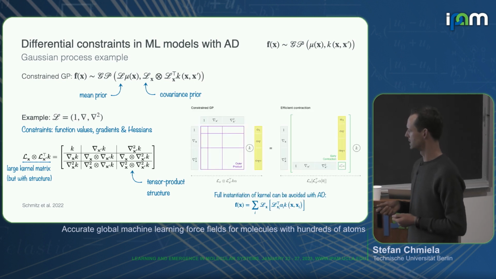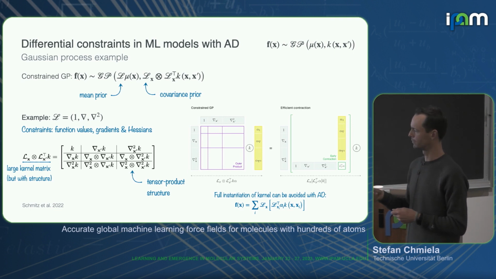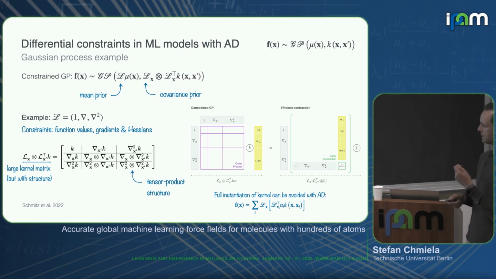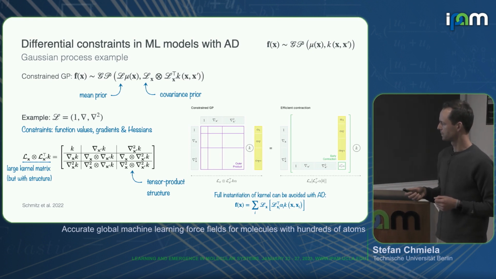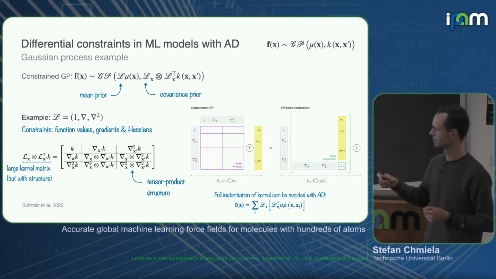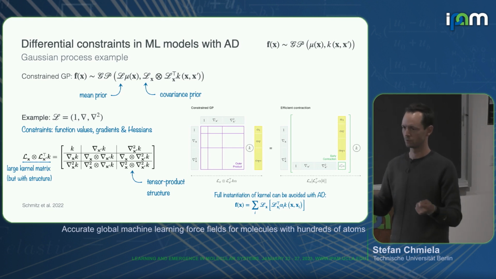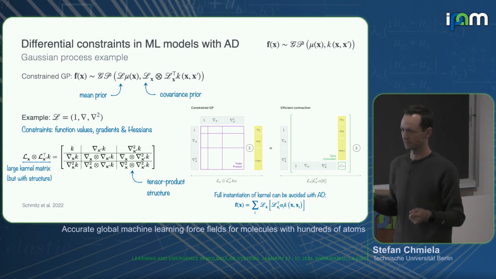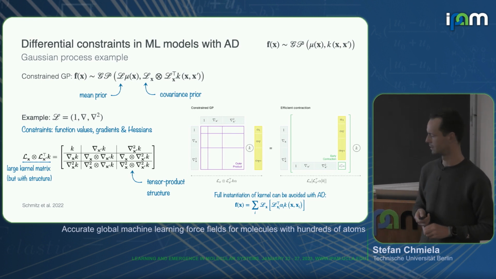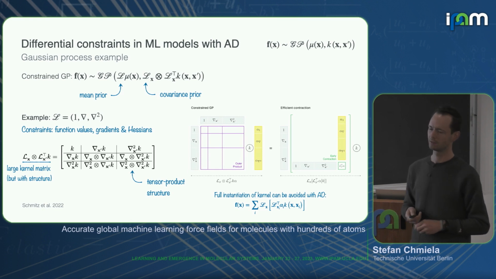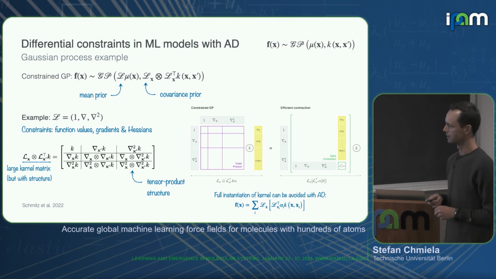Now, those combinations of constraints luckily have this tensor product structure that can be exploited. With AD, instead of fully instantiating those tensor products, we can evaluate them one after the other. So in this example, instead of building the full matrix first and then applying it to a vector, we can express it as two multiplications that each scale linearly, which puts it in the linear complexity regime.